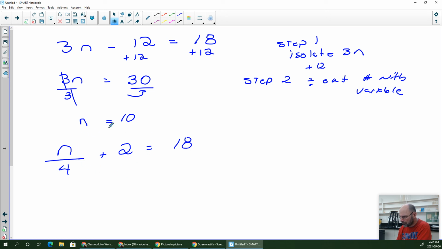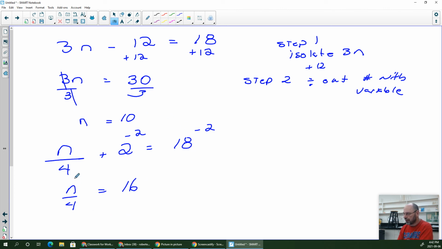So we got to do what the opposite is of this 2. This is plus 2, so we have to get rid of it. You have to minus 2, the opposite of that. Minus 2 on both sides. So this stays there. And then minus 2 from 2 gives you a 0, so that's gone. And 18 minus 2, if you do that on the calculator, that's 16.